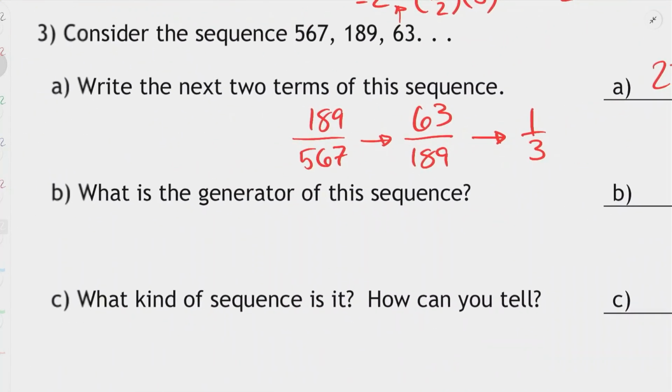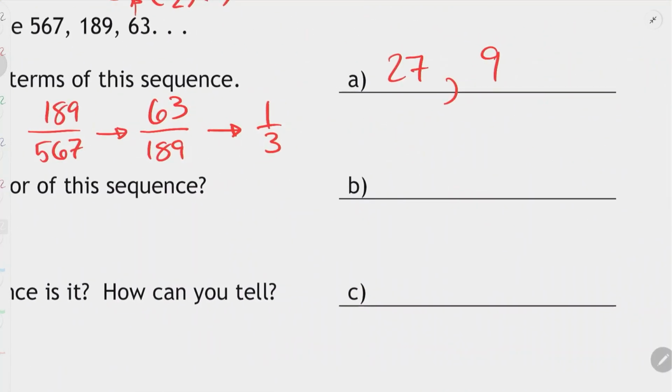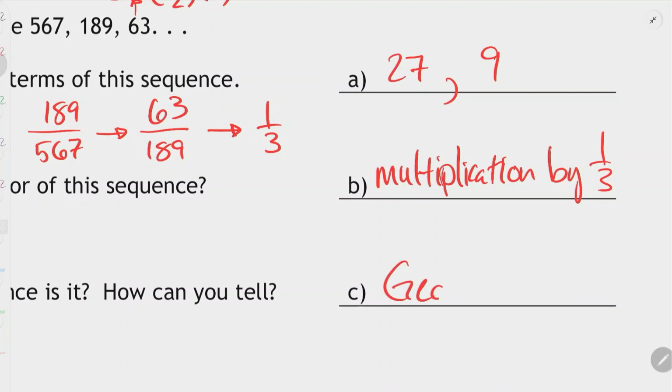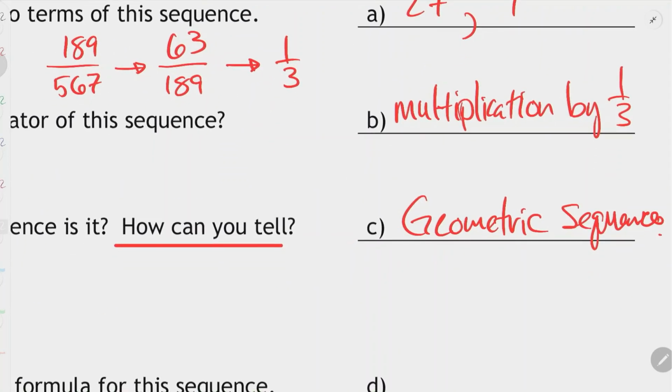Let's see, the generator for this sequence, it's an operation and a value, so the operation is multiplication, and the value is 1/3. So multiply by 1/3. It is a geometric sequence. It also says, how can you tell, right? How do I know that it's geometric? I wrote this on my answer key.